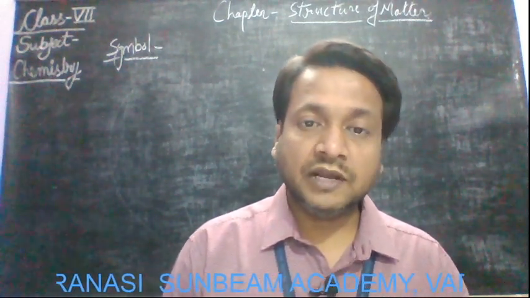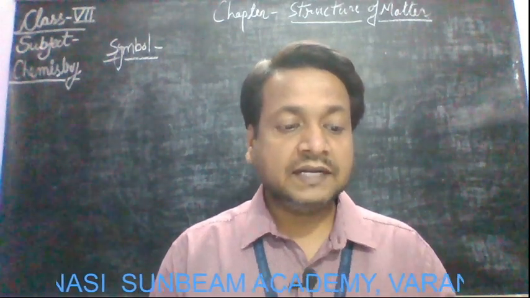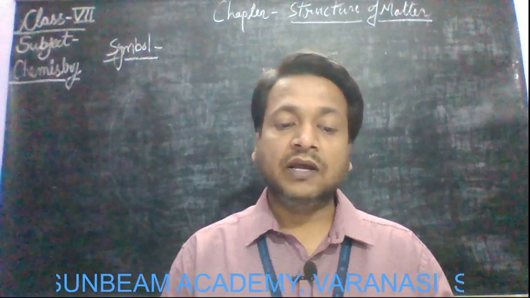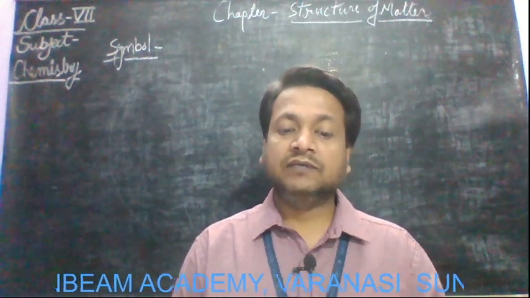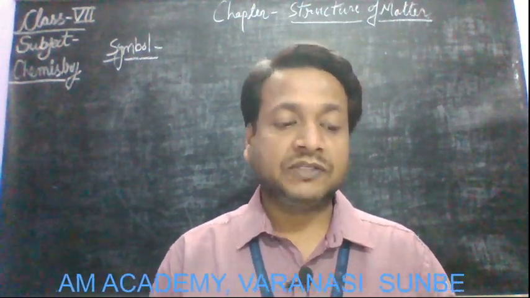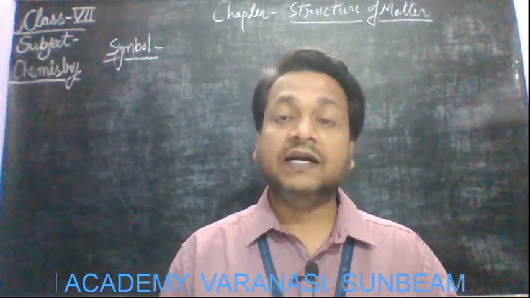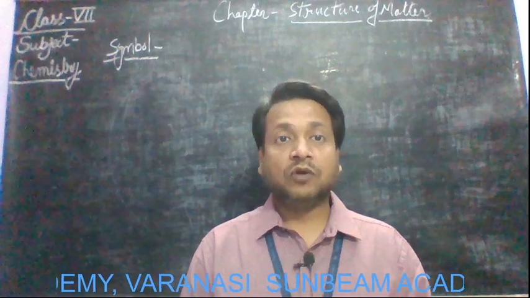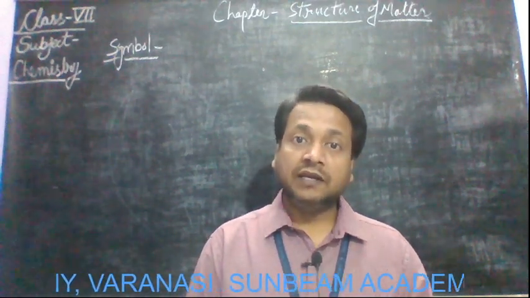Question number four is: a scientist found that two samples of the same compound had the same elements combined in different ratios. Was the finding correct? So, children, please go through the question properly and read it again.